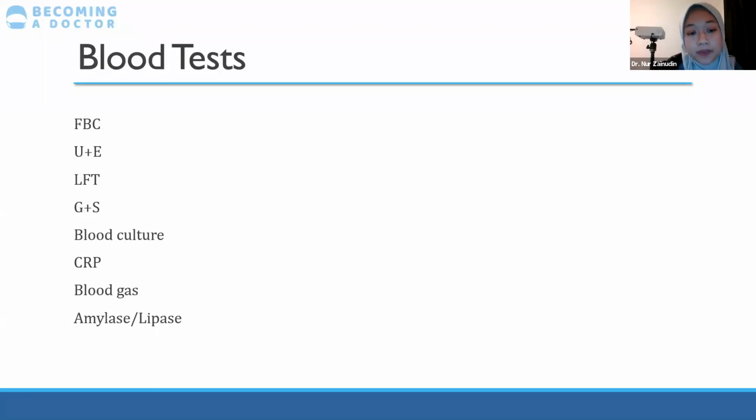Amylase or lipase, depending on which hospital you work in, different hospitals use different ones. I think I was told that lipase is a lot more specific than amylase, I'm not sure. Also tumor markers, if you think they are relevant. Does anyone remember any of the tumor markers that we would check, especially in patients that present with abdominal pain?